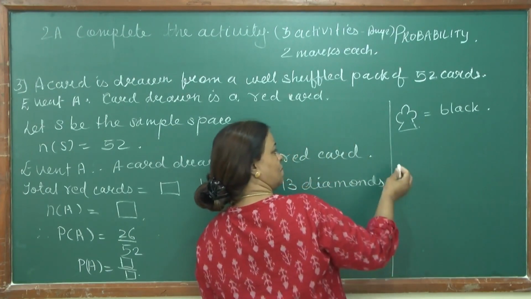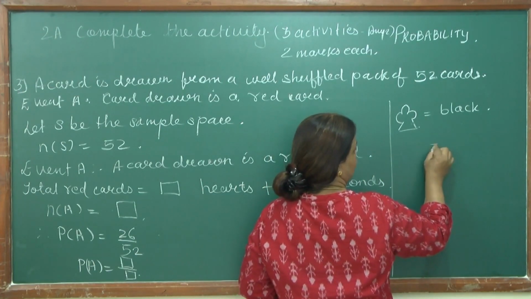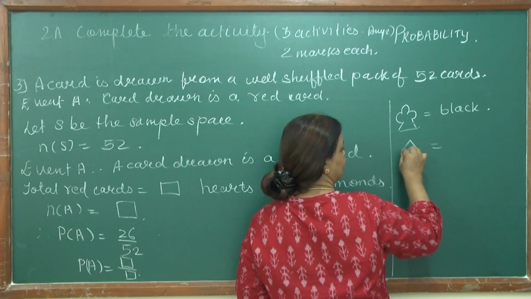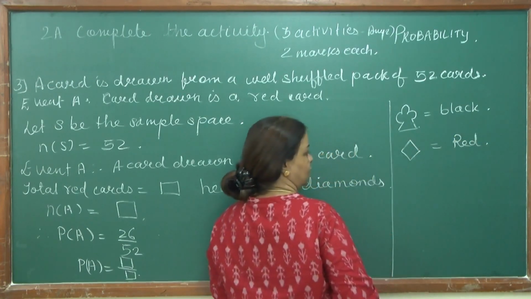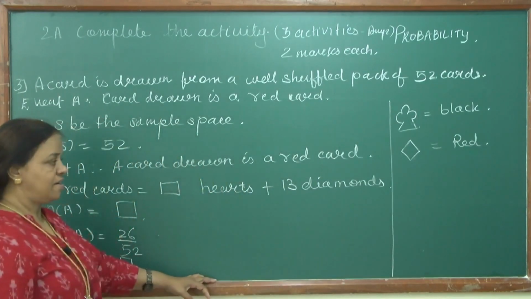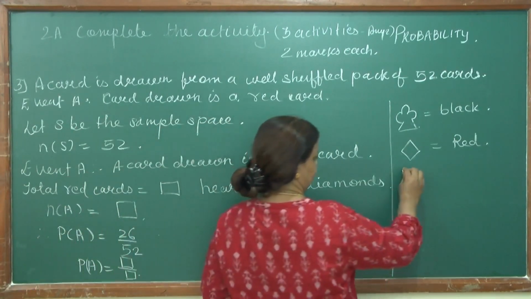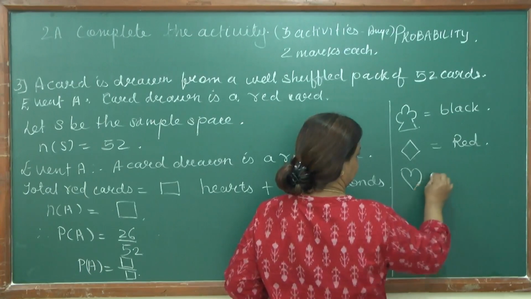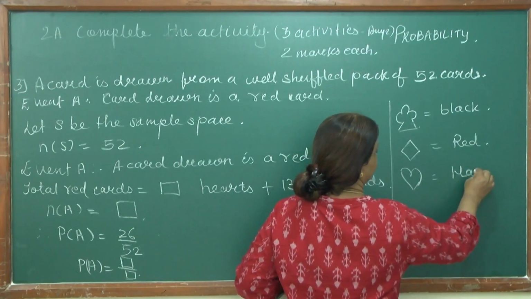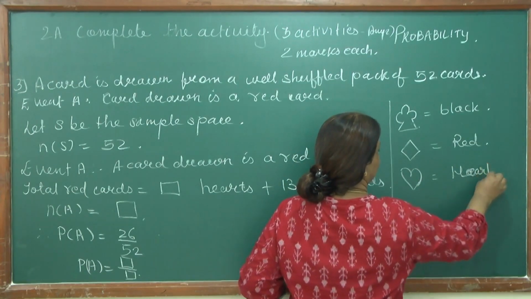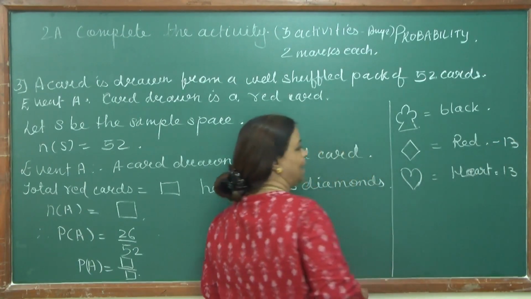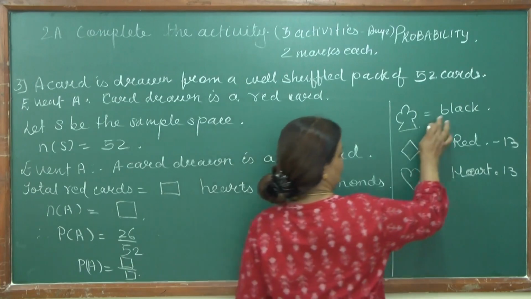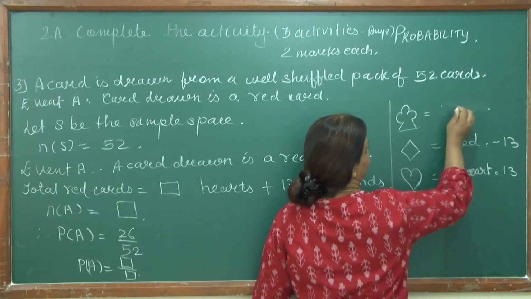Then there is diamond, which is red in color. Then there is heart, which is red in color. And these are 13 cards. Black, 13 cards are there. Spade, this is club.